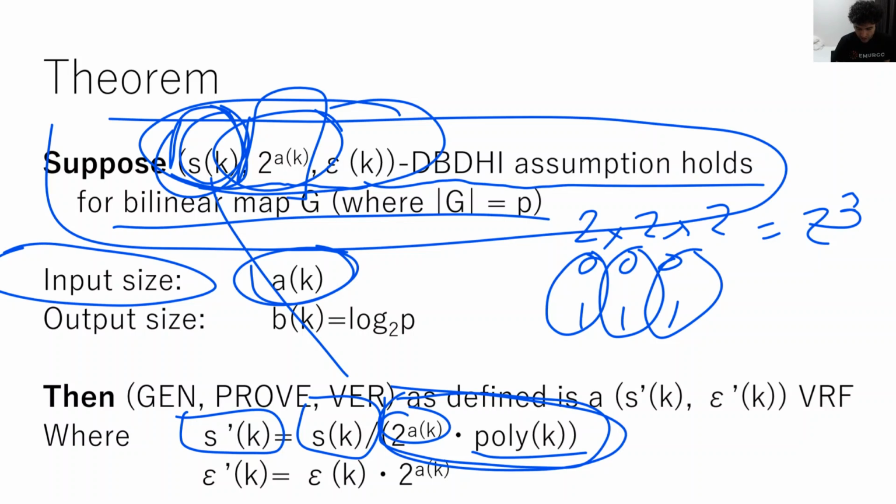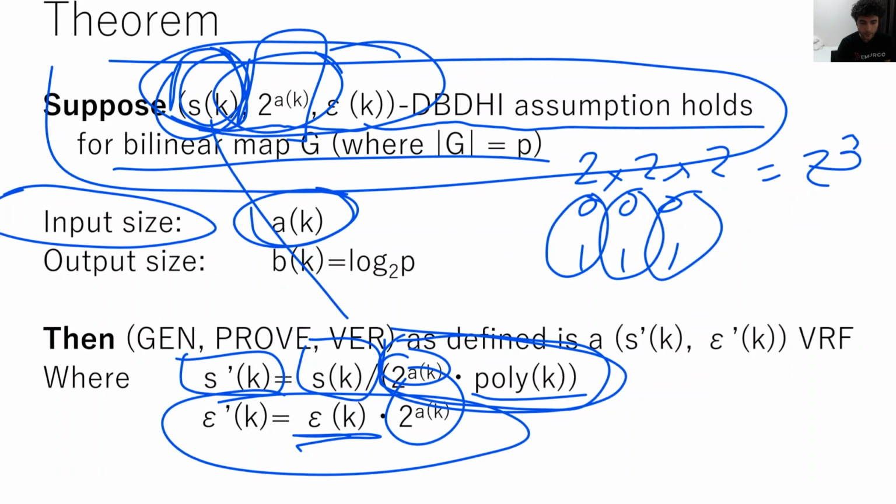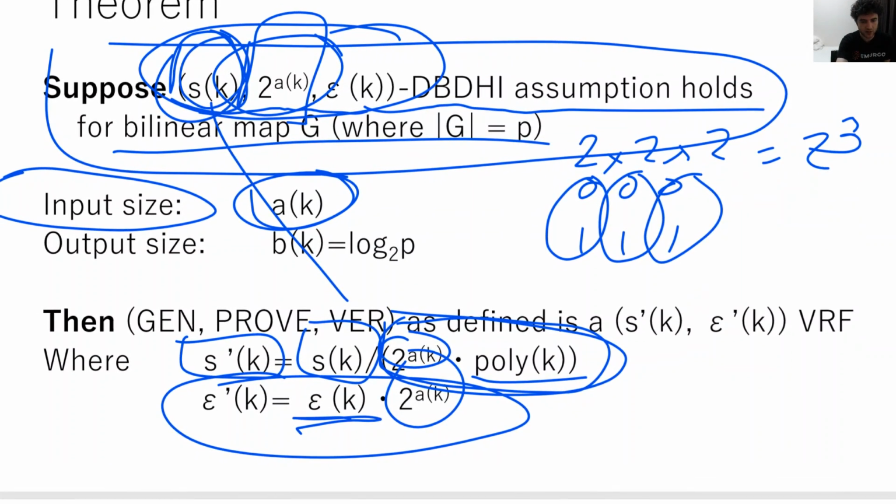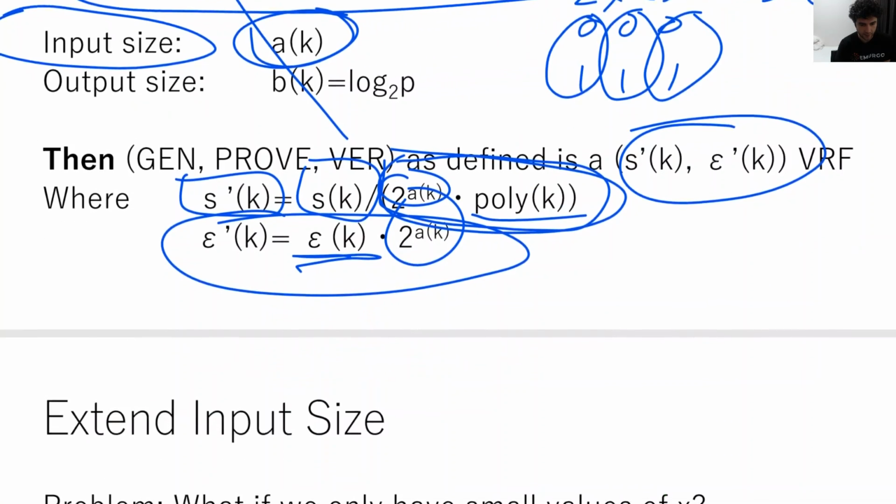And remember, because calling our VRF will give you an advantage of epsilon, calling the oracle 2 to the ak times will end up giving you this advantage down here. And so this is how we got this. Okay, and so this is how we generate our s prime, epsilon prime VRF.